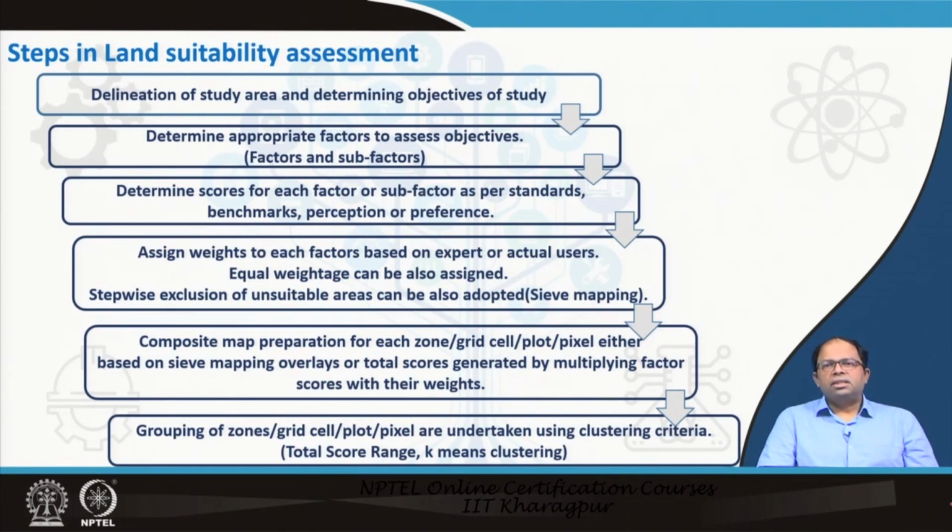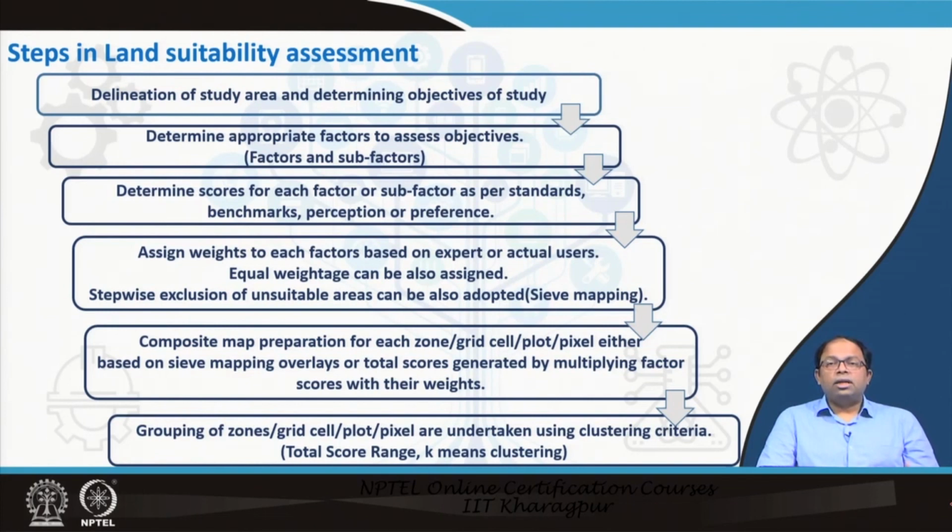We can have grid cells where we divide the entire urban area into small cells, and maybe each cell may be 1 kilometer by 1 kilometer, or 0.5 kilometer by 0.5 kilometer, or even less. Or it could be plot based, maybe not very small residential plots, but larger plots or chunks of land, which could also be considered.